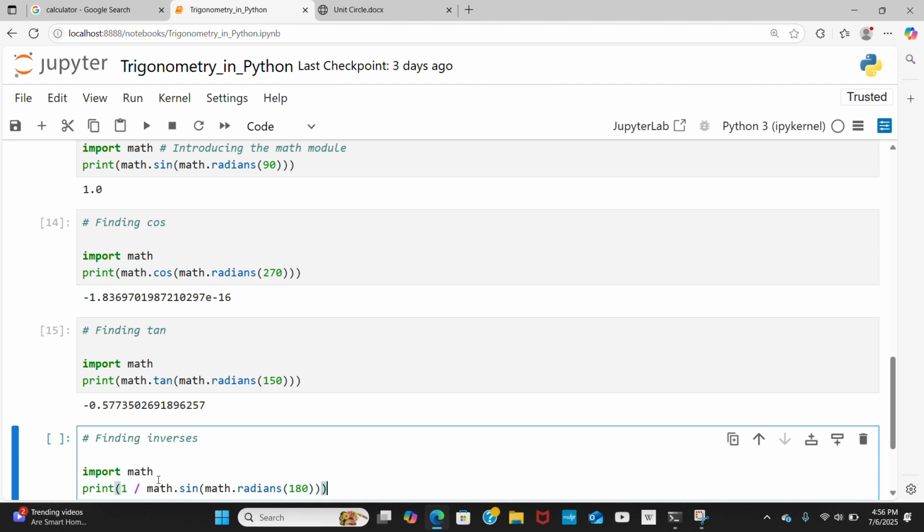It's similar, you're just taking 1 divided by the math. Look up here, it's print, math.sin, math.radians, and your number. You're just doing 1 over that.